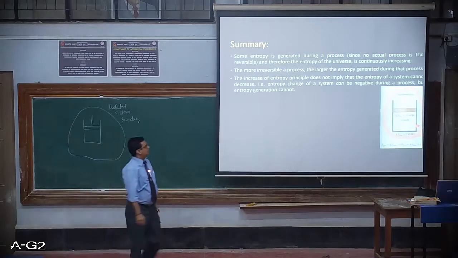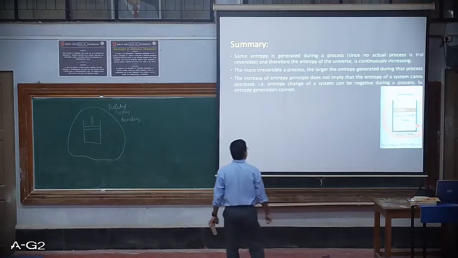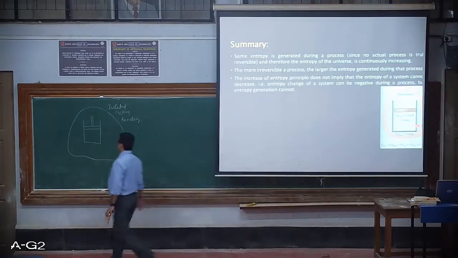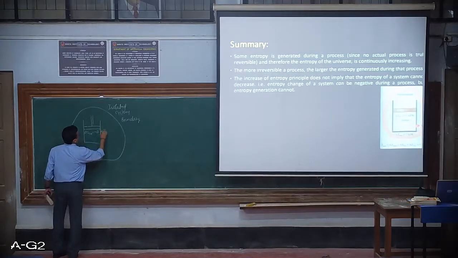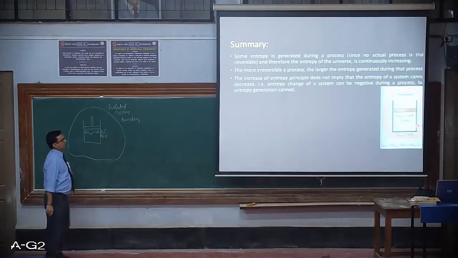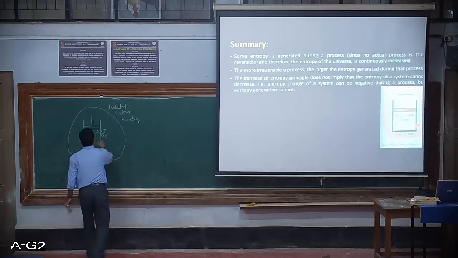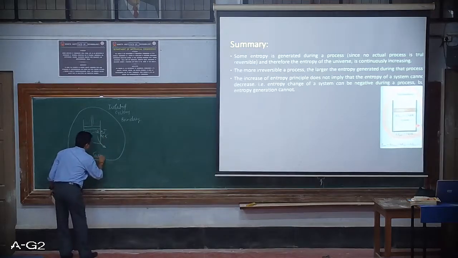So this particular system has delta S of the system equal to -2 kilojoule per kg Kelvin, because heat is being transferred, let's say, from the system to the surroundings.